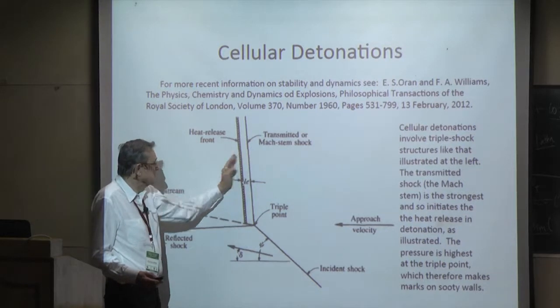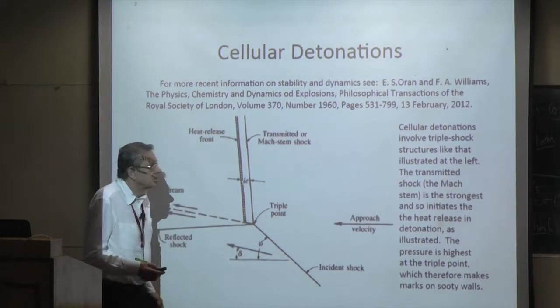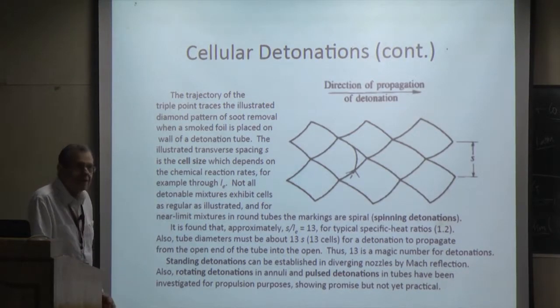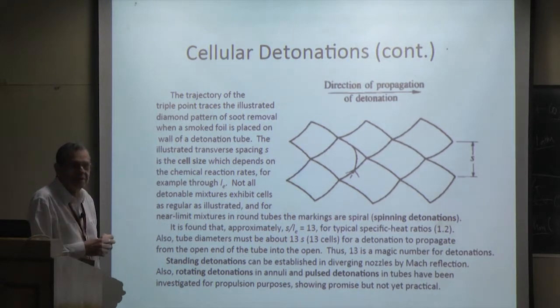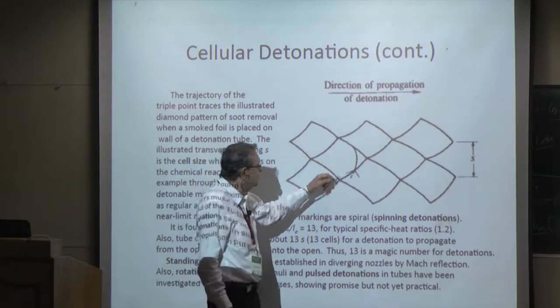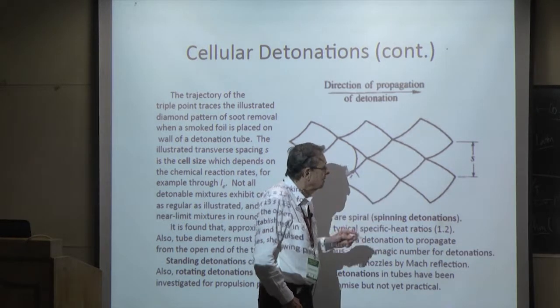Most of the heat release is there. The highest pressure is at the triple point. And so if you put smoked foil on the walls of a tube and send a detonation down the tube, you see this diamond pattern develops.